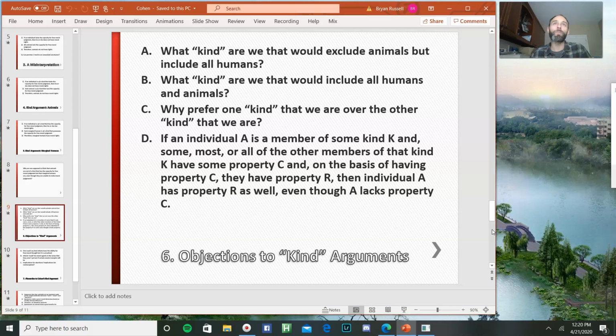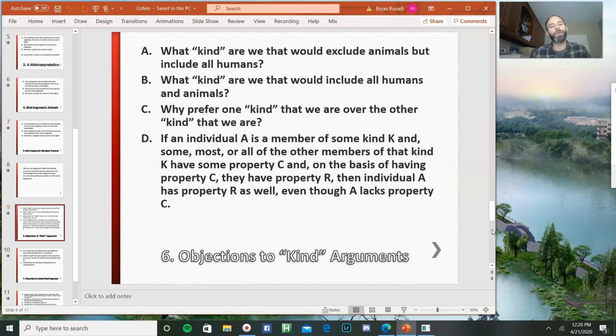So being a member of a kind that has some property, and some members of that kind, on the basis of having that property, have a further property, to say that other members of that kind who don't have the first property, the like causal property, deserve the final property, it seems wrong.